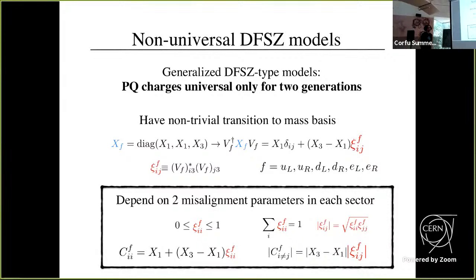There's one more question by Philip. Question from an experimentalist. You refer to these cooling anomalies for supernova and neutron star. I don't know this result.